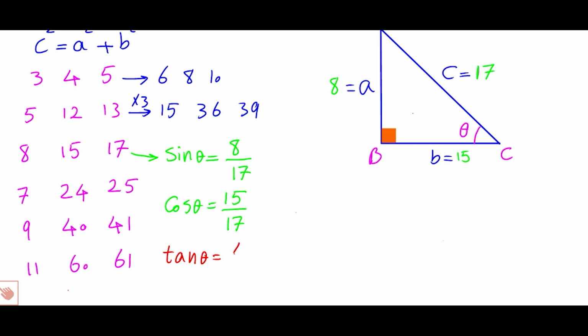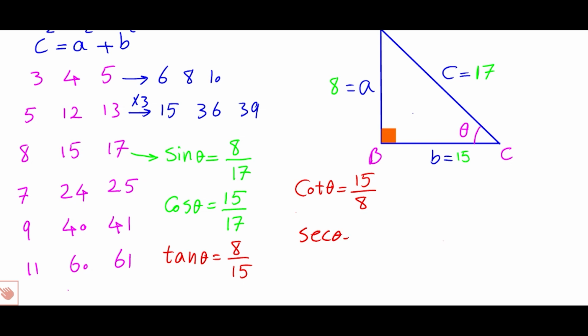And tangent theta is equal to the opposite side divided by the adjacent side. So it is equal to 8 over 15, and cotangent theta is equal to the adjacent side divided by the opposite side, which is 15 over 8.